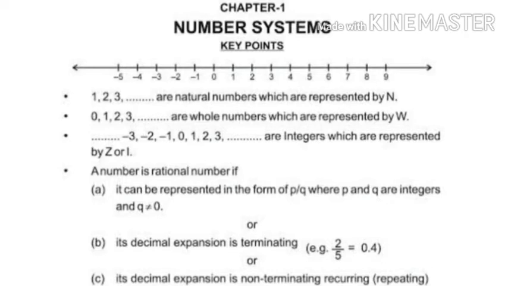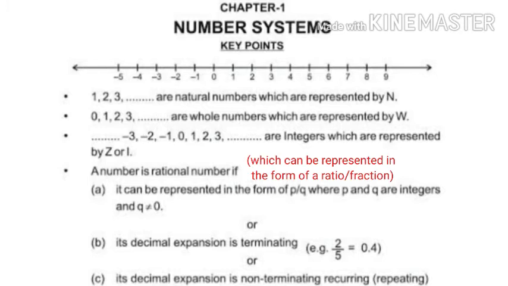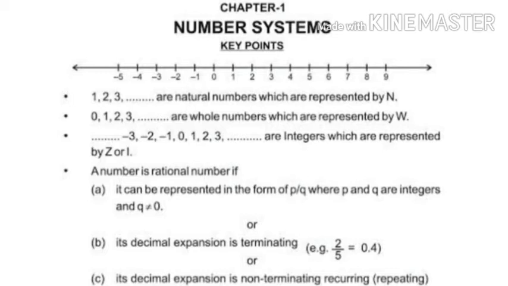So rational number means, see children, which can be represented in the form of a ratio. That is called a rational number, or in the form of a fraction like p by q, numerator and denominator, where p and q are integers. That means it can be negative integers or 0 or positive integers, but q should not be 0.